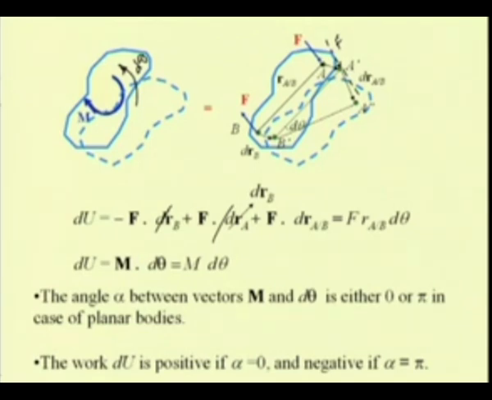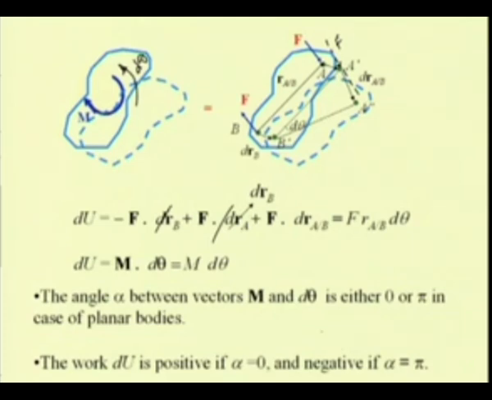Thus the work done is positive if the angle is 0. This quantity M d theta is a positive quantity if the angle between these two vectors is 0. So, cos 0 is 1, and if it is pi, cos pi is minus 1, and so we have the work as negative.